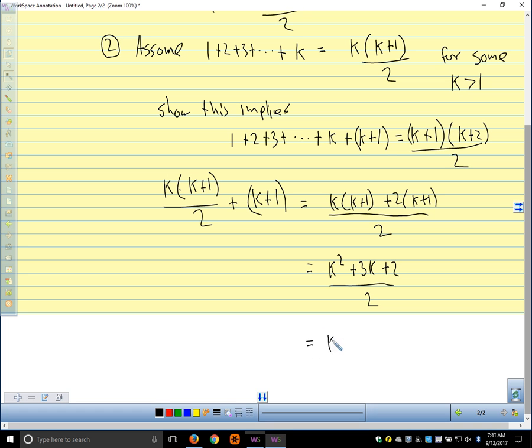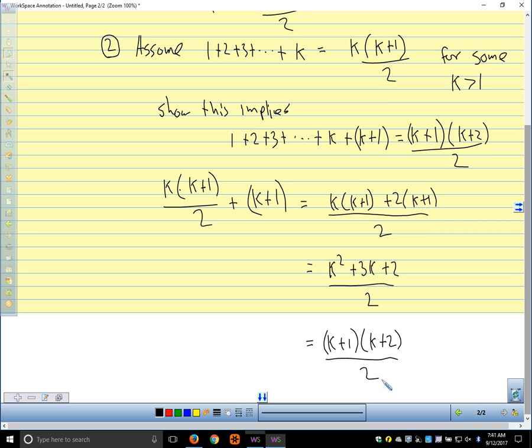This is k plus 1 times k plus 2 over 2. So this is true. Then the next term, adding k plus 1 to this thing, gives me k plus 1 times k plus 2 over 2.